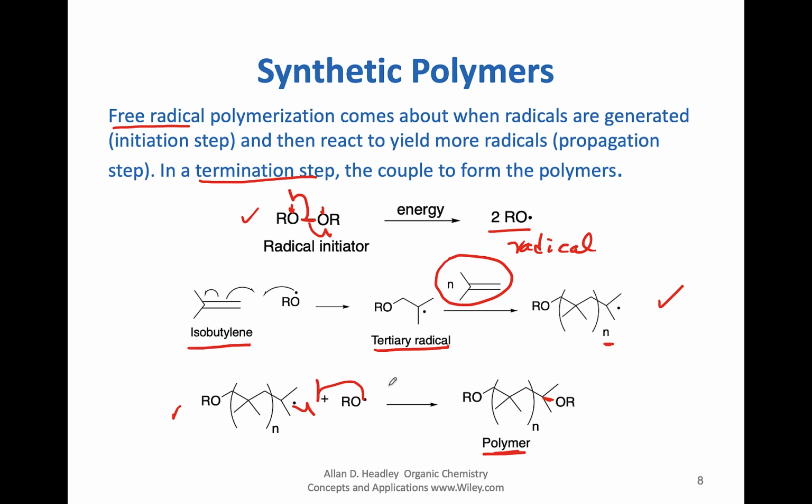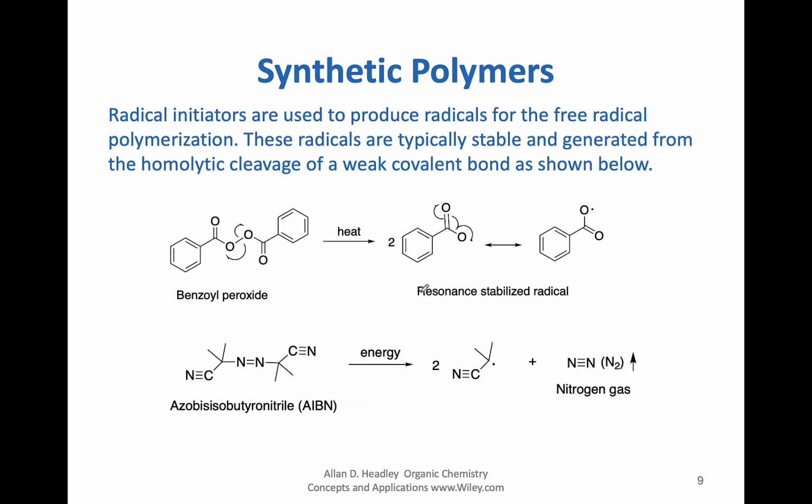Here are two radical initiators. We call them radical initiators because we have a weak bond here. Benzoyl peroxide, in the presence of heat, this bond here, because it's bonded to two oxygens, it's a covalent bond, and these electrons are equally distributed.